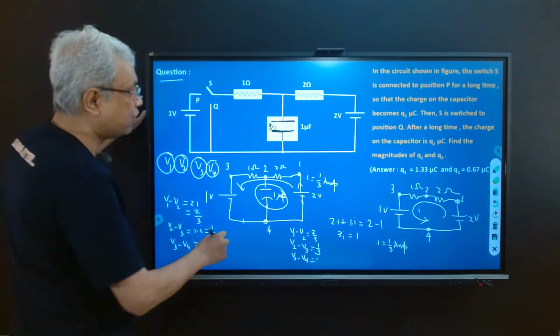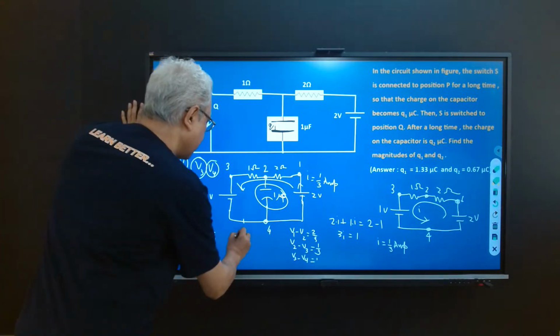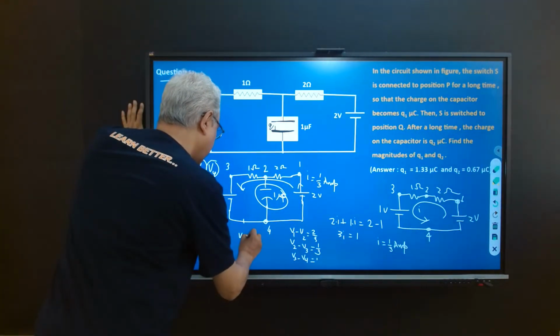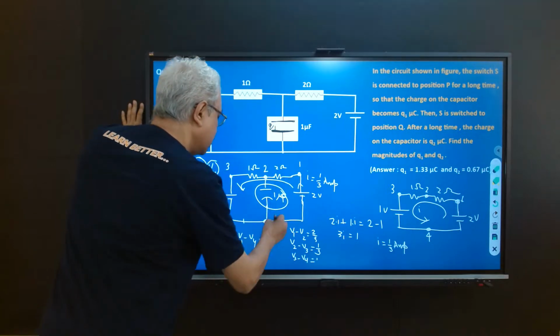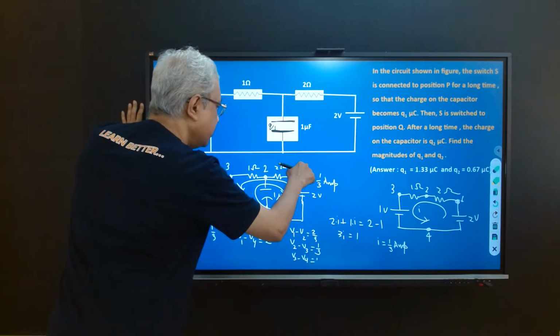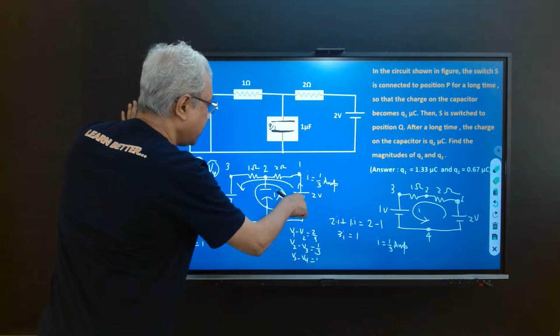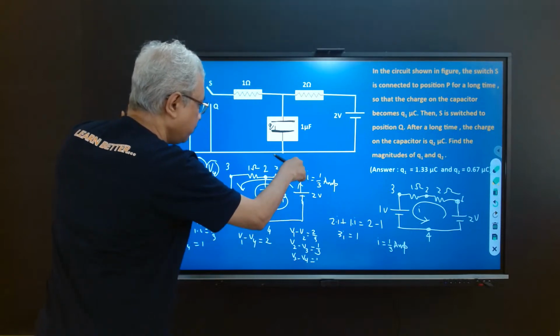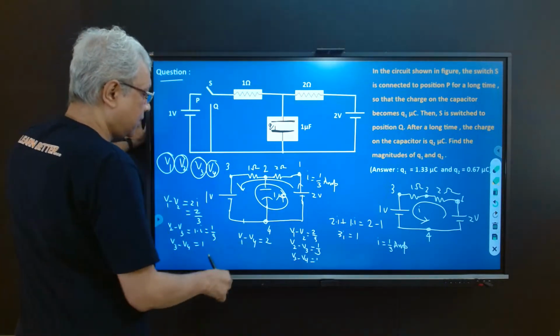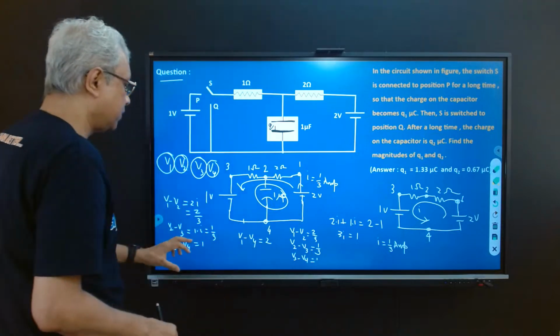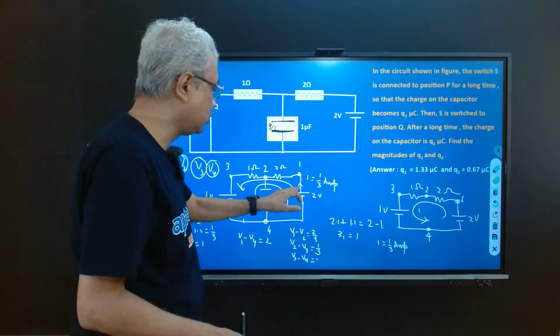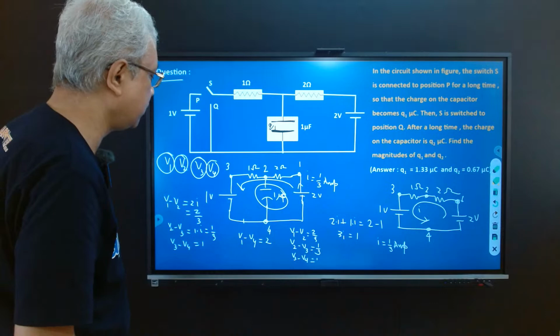And V1 minus V4 is 2 volt, because V1 is the potential of the positive terminal of this 2 volt battery, and V4 is the potential of the negative terminal of this 2 volt battery. So V1 minus V4 is 2 volt.